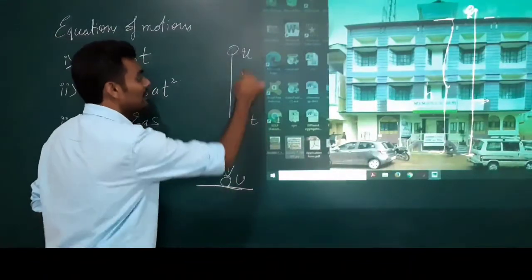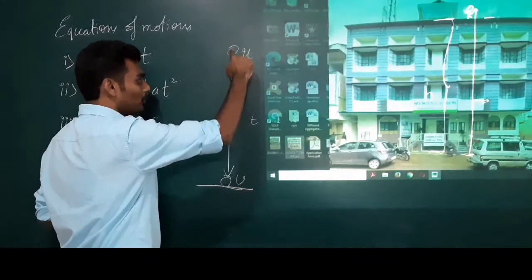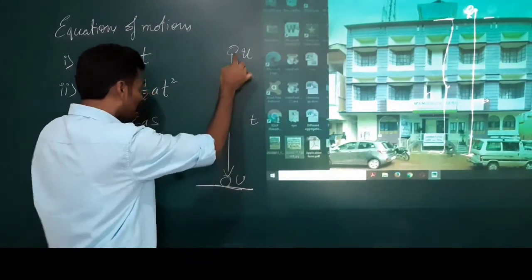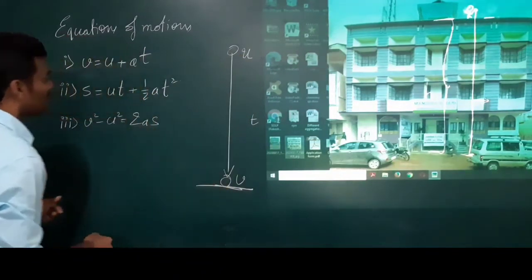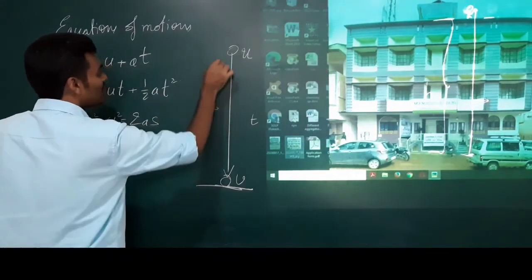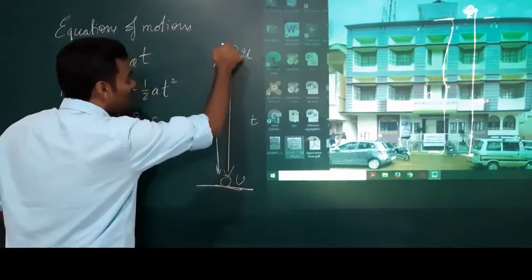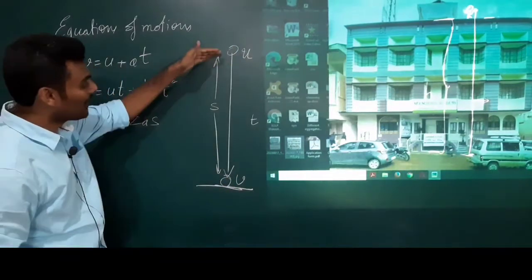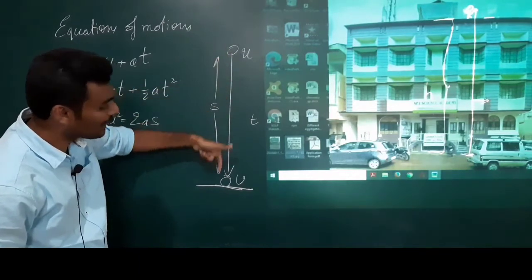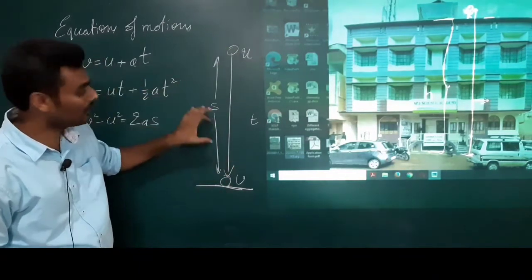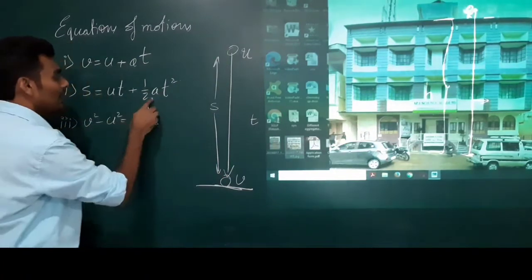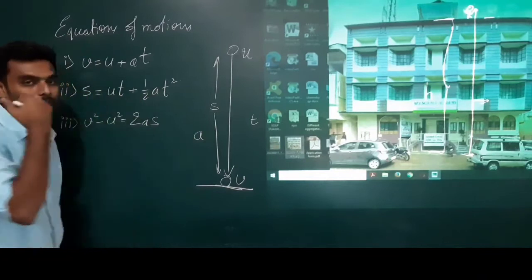And t is the time taken by the body to reach from this point to this point. And s is the total displacement, or total height the body has fallen, the total length the body has travelled from here to here, and a is the acceleration of the body.